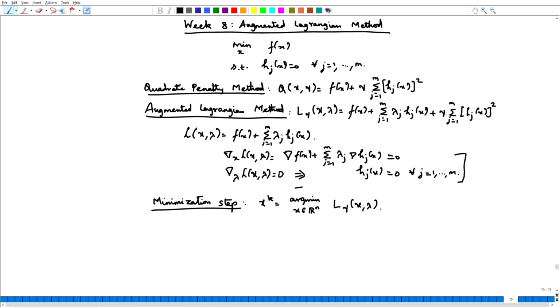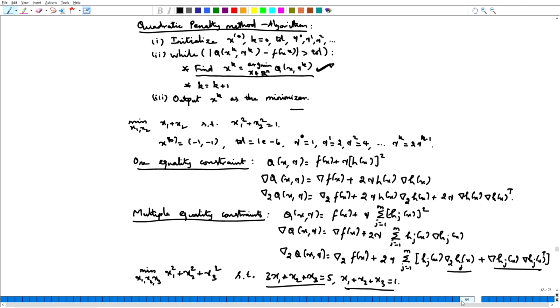You will possibly now ask if the other steps are the same. Let us have a look to see if the other steps can be the same. We initialize x 0, we initialize k, we initialize the tolerance, and we initialize only one value of gamma; we do not initialize a sequence as we did here.